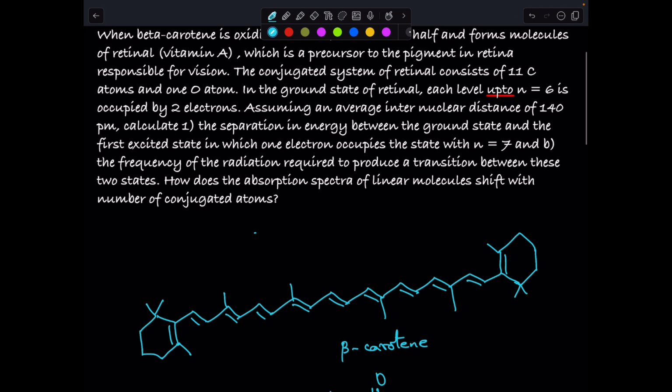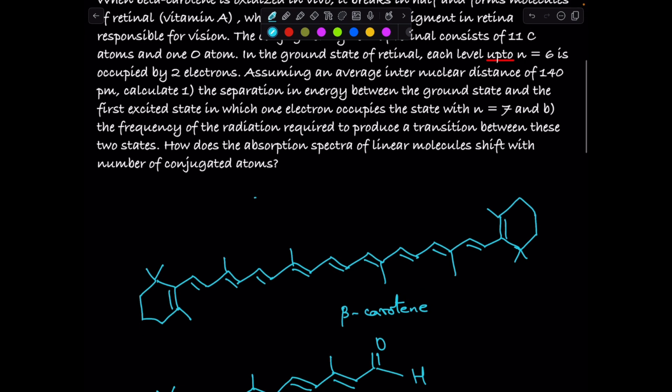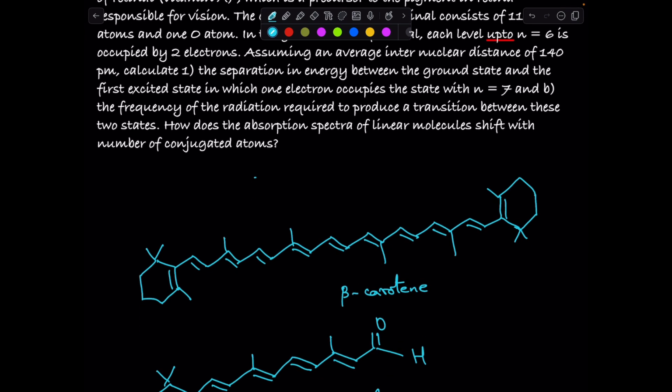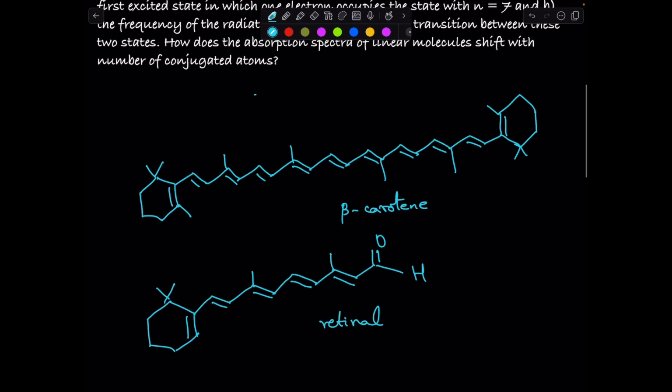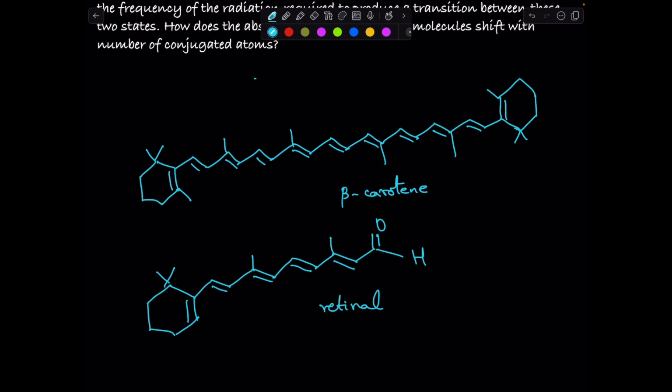The structure of beta-carotene is given. So we can see that beta-carotene is conjugated, but the problem is concerned with vitamin A or retinal. This is the structure of retinal.